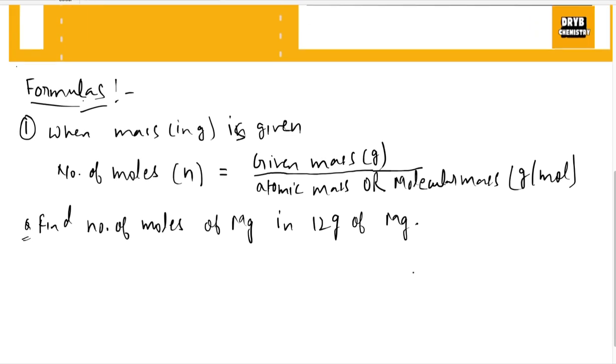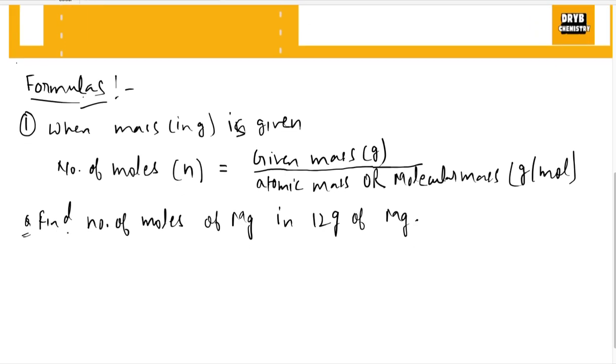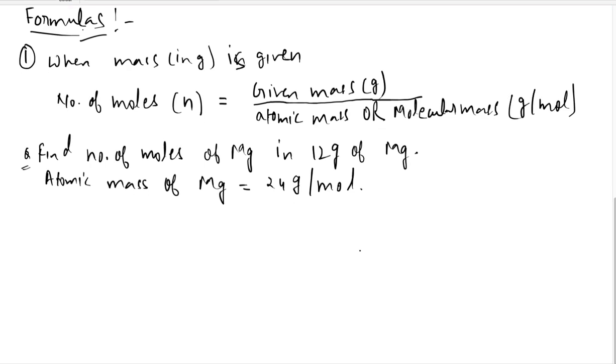And we have been provided with the atomic mass of magnesium, which is 24 grams per mole. So it's a straightforward question.